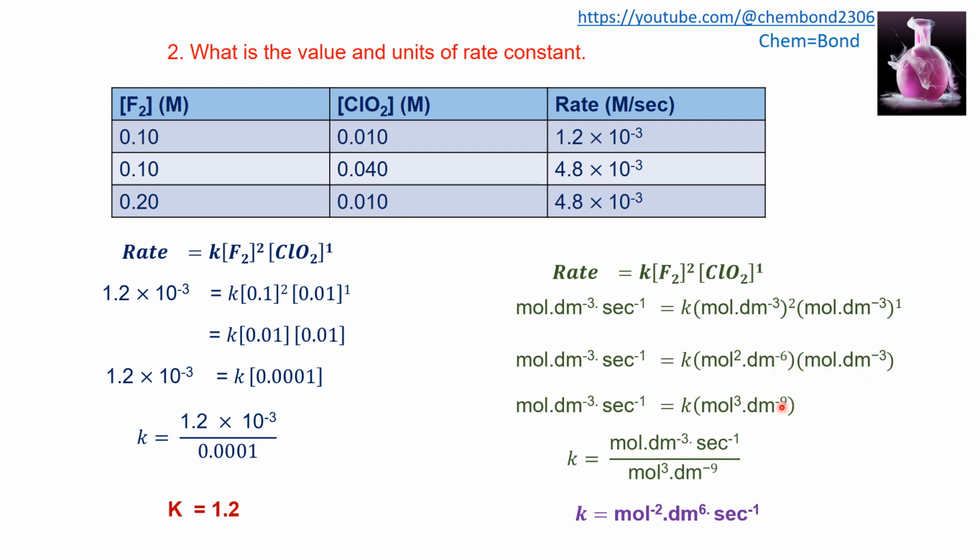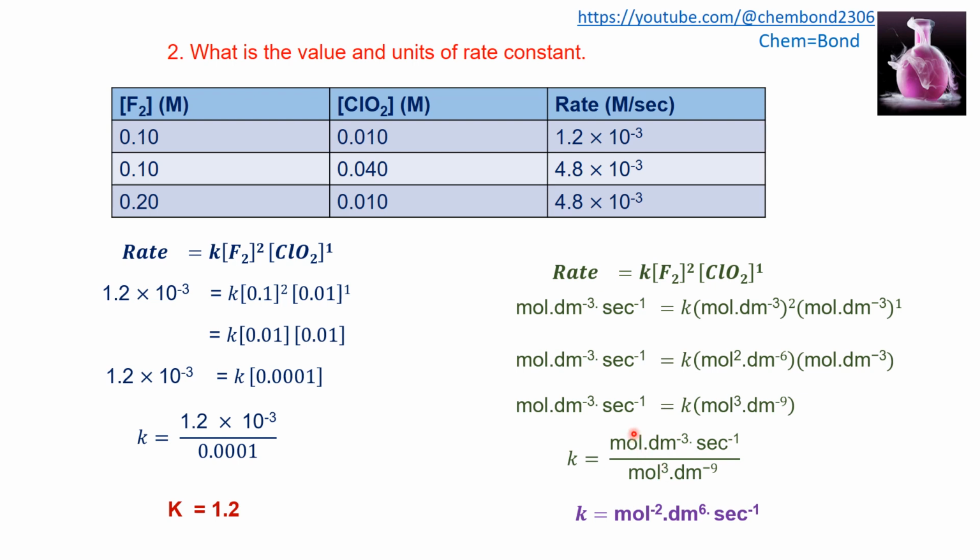will become minus 9. Now we will find the unit for K by rearranging this formula. So mole per dm cube per second is divided by mole 3 and dm minus 9. So here dm minus 3 and minus 3 will be cancelled out. We will be left over with minus 6 there. Here it is mole and here it is mole 3.